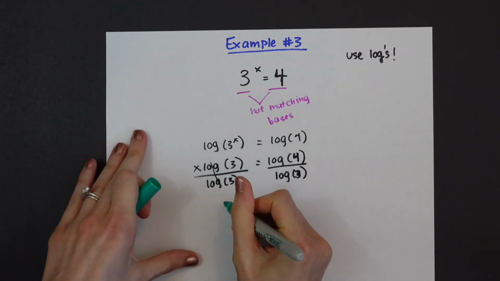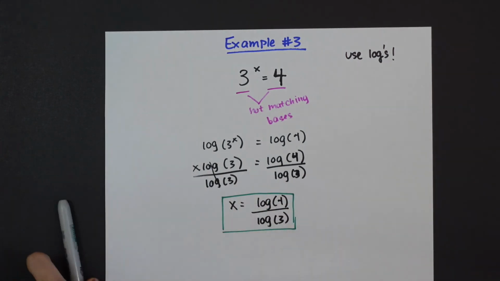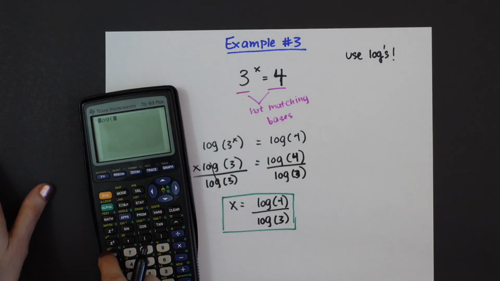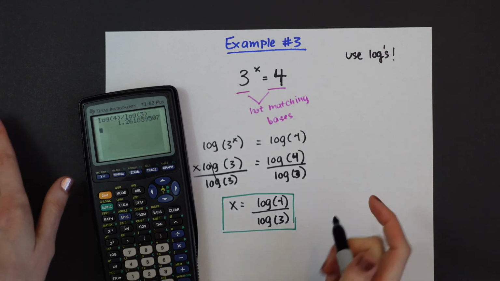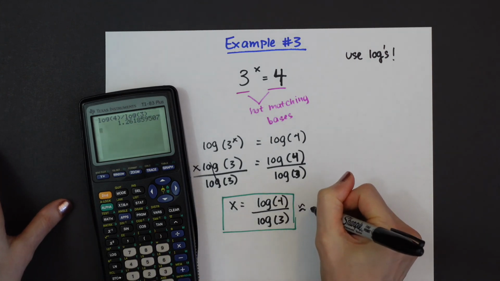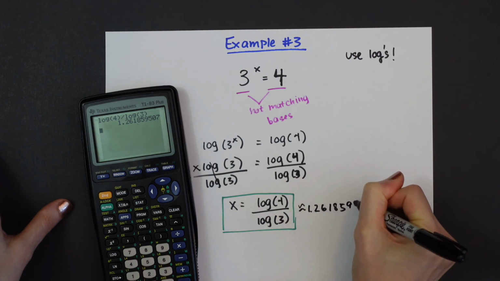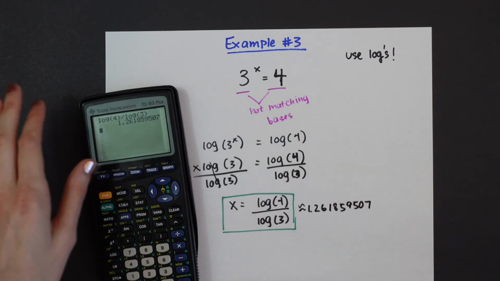And that's our answer. You could also plug this into your calculator. So we have log of 4 divided by log of 3, and you can see that we get 1.261859507.